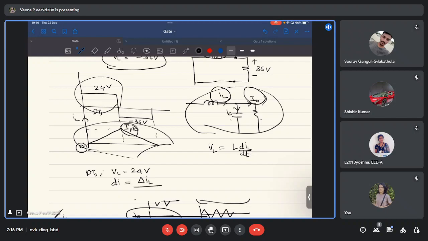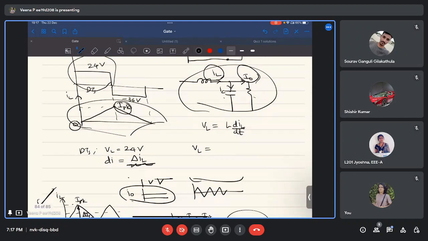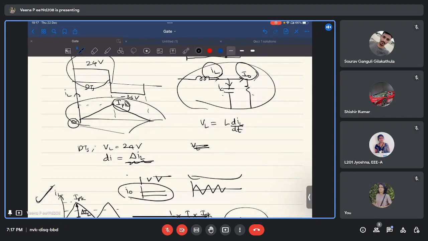L is already given in the problem, which is 5 millihenry. So 24 is 5 millihenry times delta IL, which is the same as I peak at the boundary of CCM and DCM, divided by dTs.